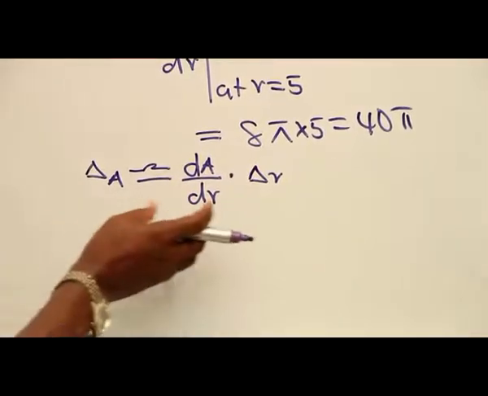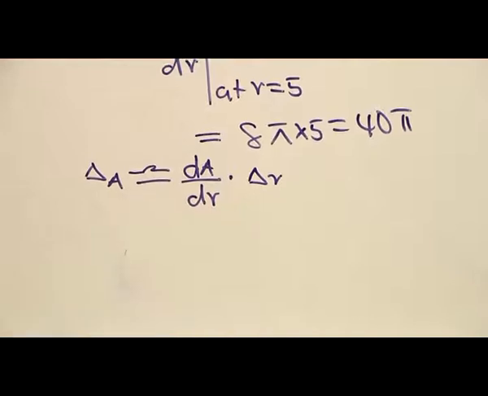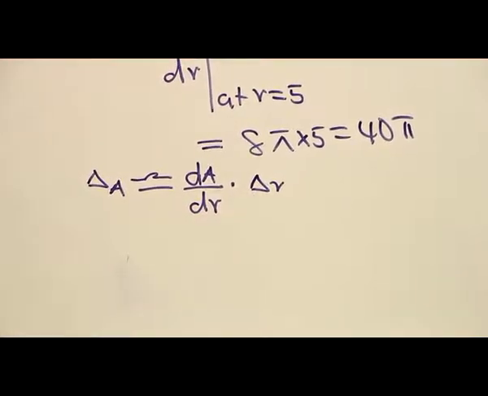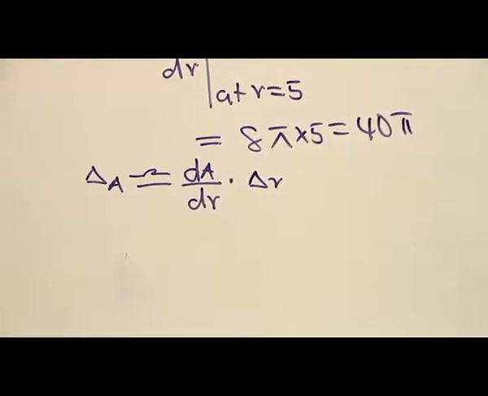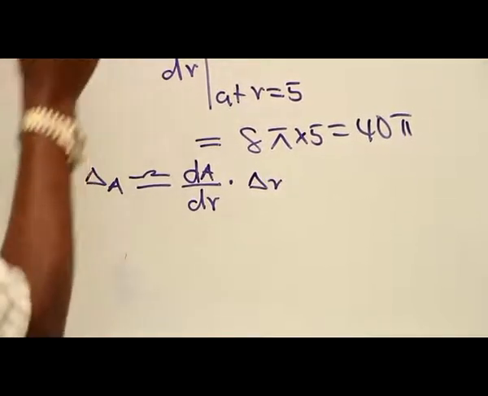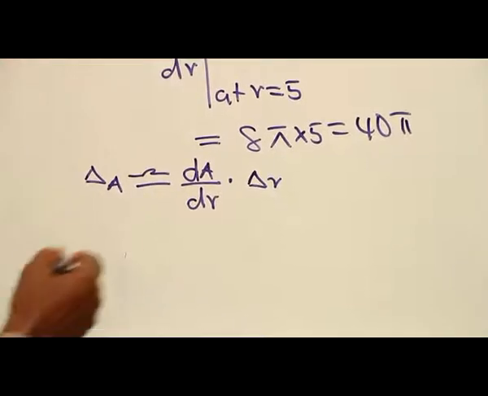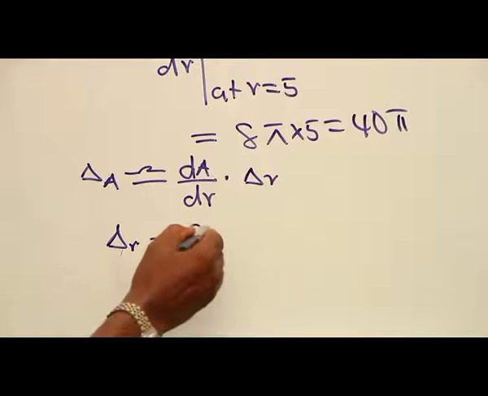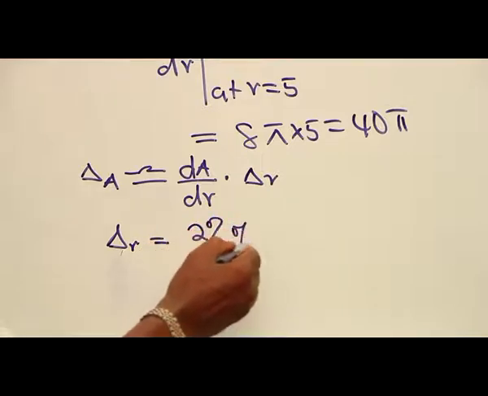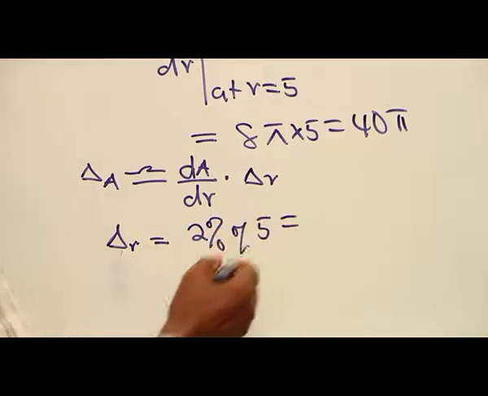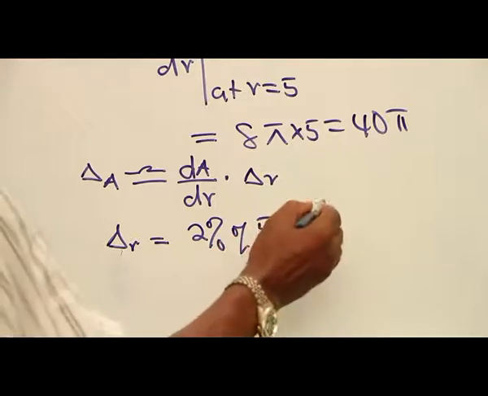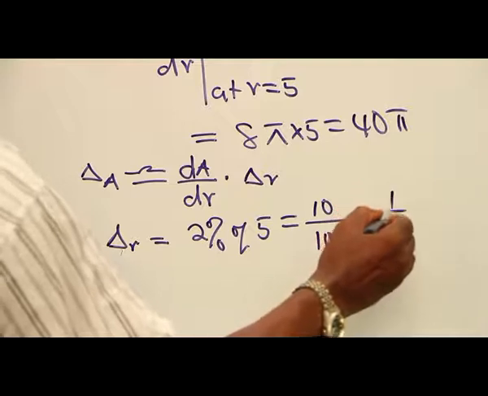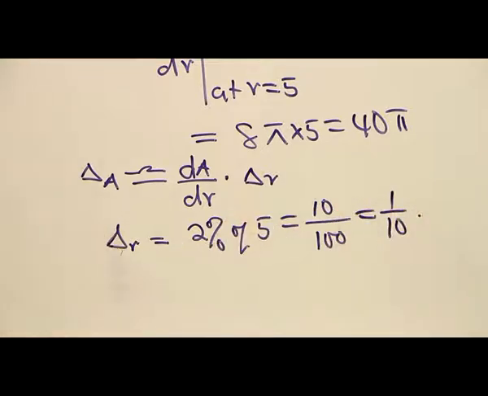We have already gotten our dA over dr. Where is our delta r? Our delta r is said to be 2% of r. So delta r is equal to 2% of 5, and that will be equal to 10 all over 100, and that is equal to 1 over 10.